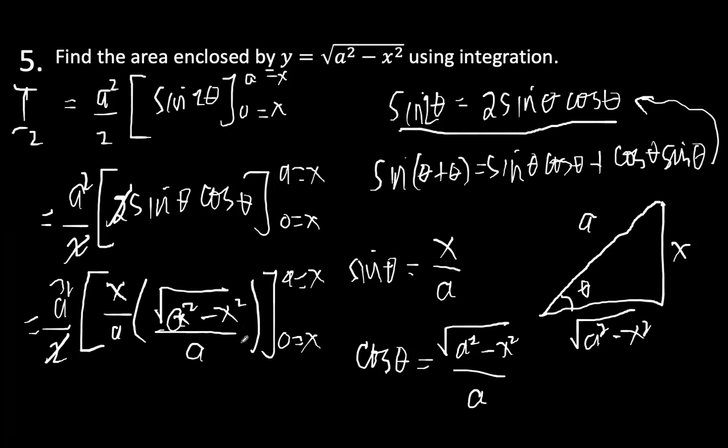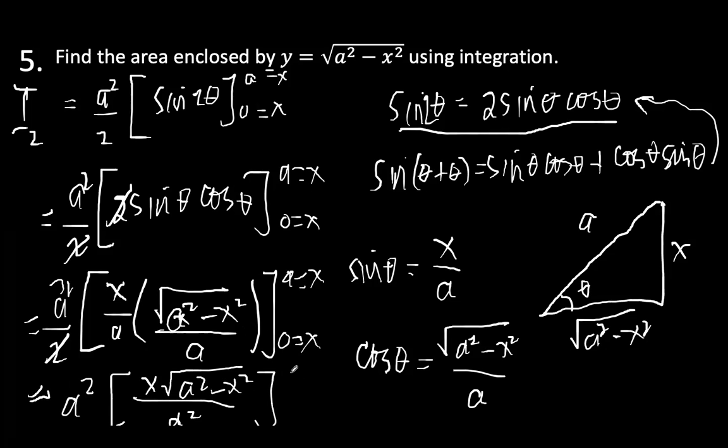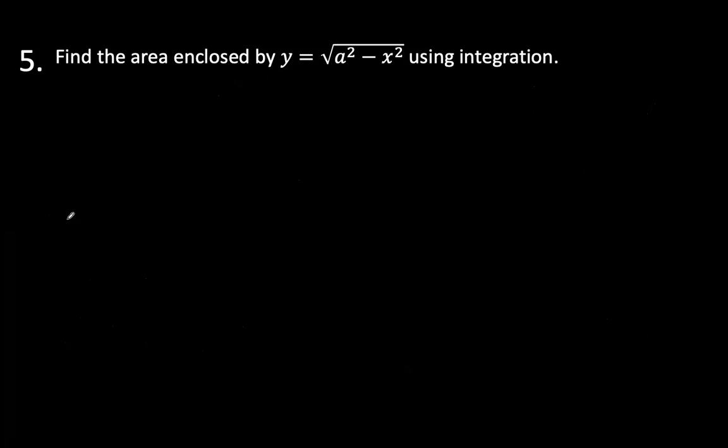Since these a and 0 are values of x, and we have already expressed this in terms of x, we have a square, we have x, a square minus x square over a square, right? Evaluated from 0 to a. Okay, and let's now go to the next.